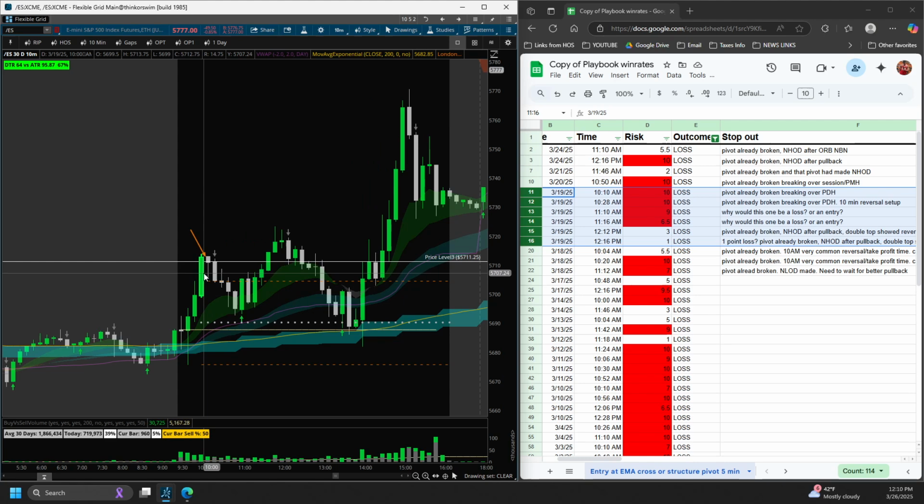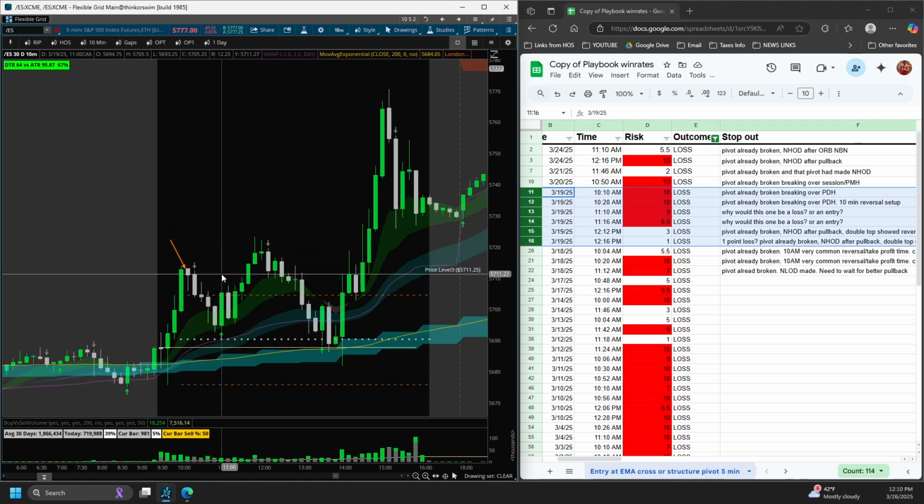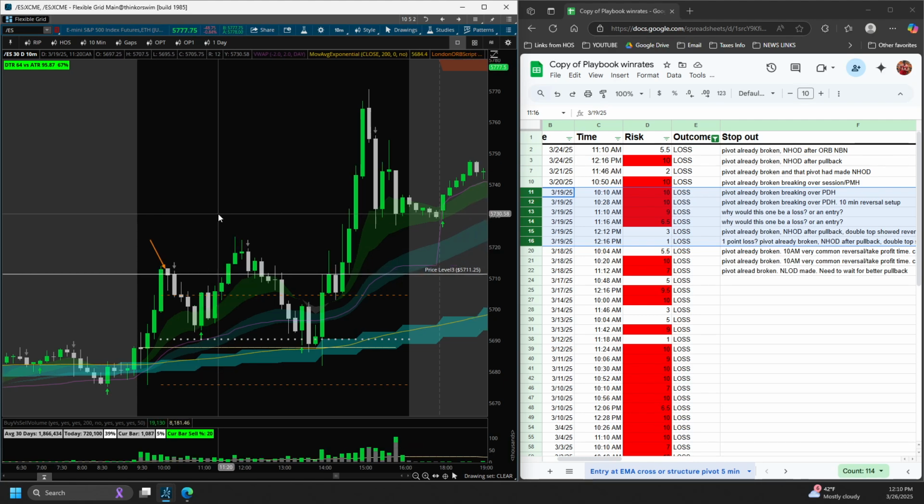One thing I've noticed from this little review so far, and you can correct me if I'm wrong, is that if we make a big move and then hit a key level and immediately pull back, like here for example, we made a big move, hit that previous day high, and immediately pulled back.